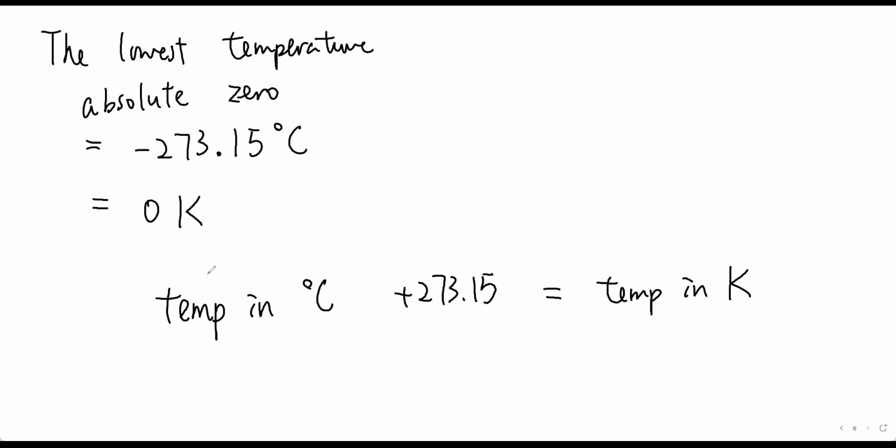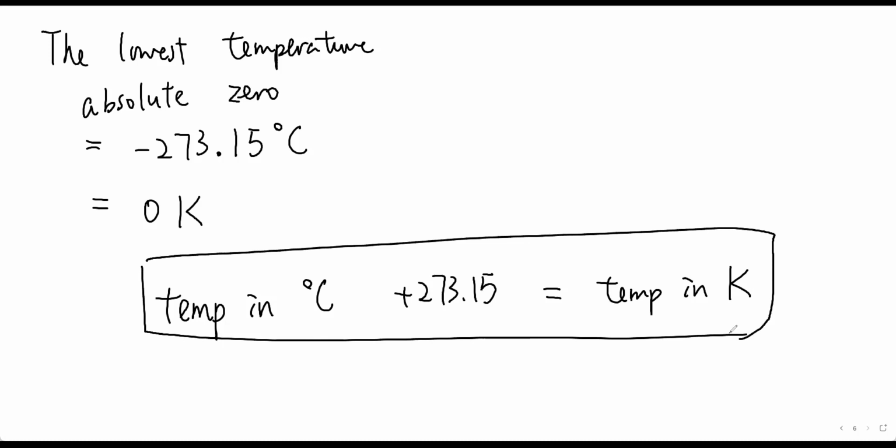Then you can change the temperature back from Kelvin to degrees Celsius. I hope you still remember it. But indeed, in your calculation, you can just take 273 only, because almost all the values given in the question will be in 2 SF or 3 SF. It actually doesn't matter if you take more SF in the temperature.